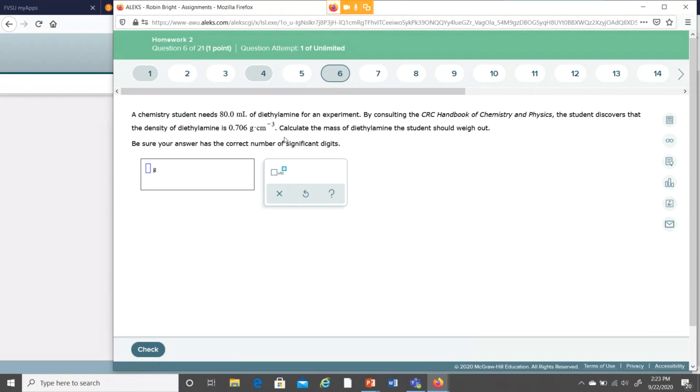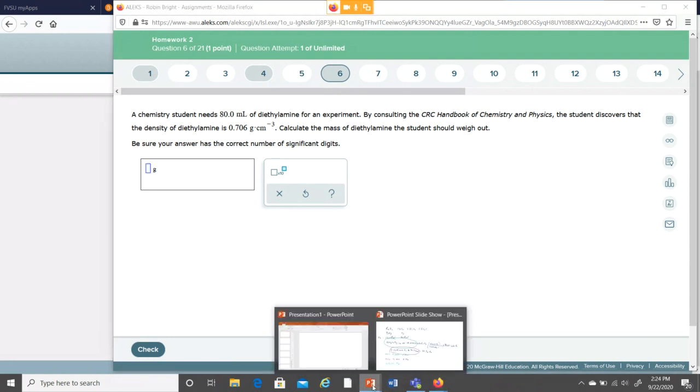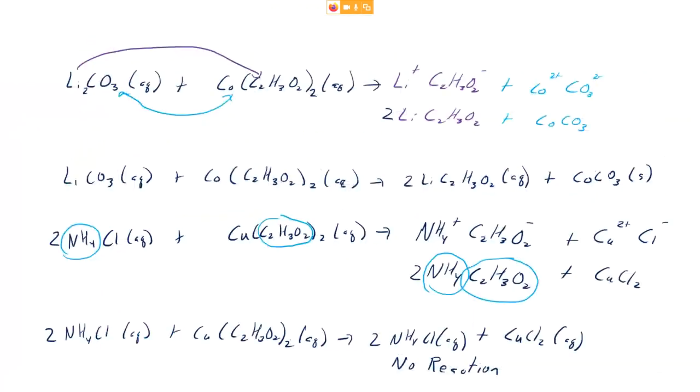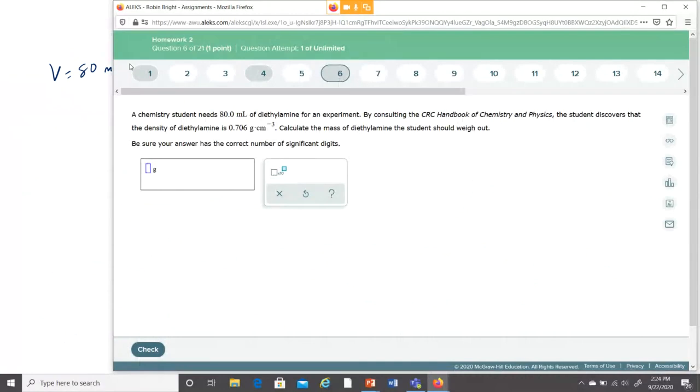Volume? Volume. So if I was doing this problem, underneath it I would write volume is 80 milliliters. And then I would say, student discovers that the density is 0.706.